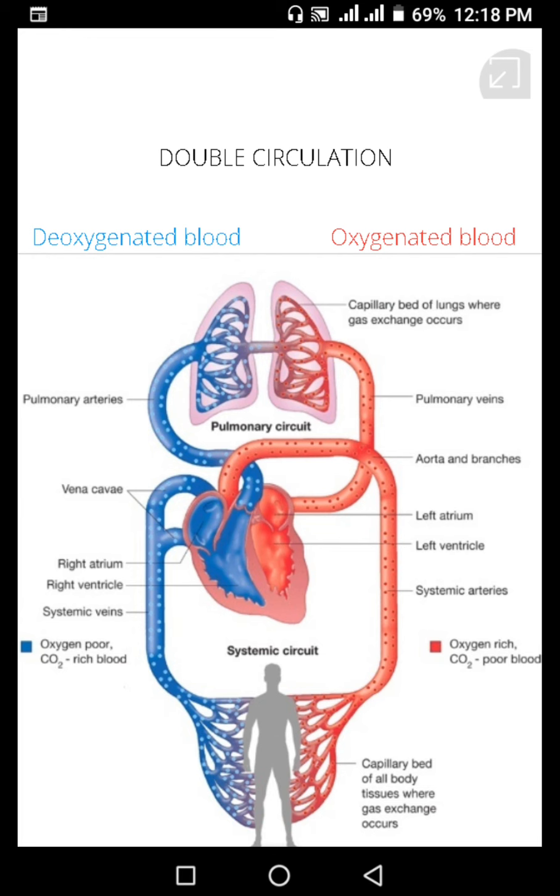Deoxygenated blood, first of all, is blood which is poor in oxygen, as indicated by the key here. Blood which is poor in oxygen. So blood which is poor in oxygen from all parts of the body enters the heart through a blood vessel called the vena cava, which is here.